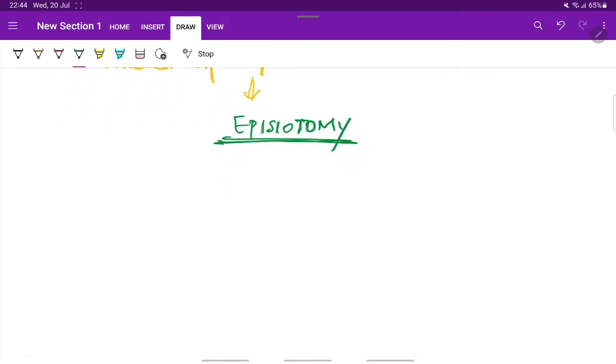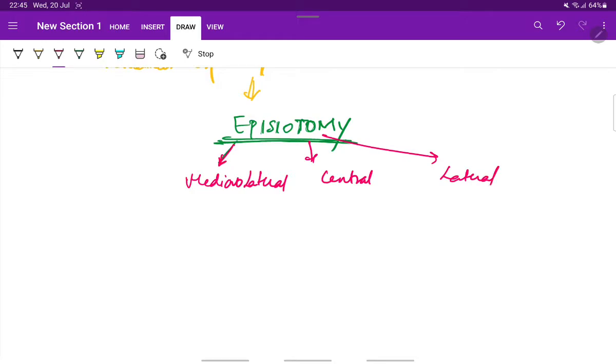The episiotomy can be of three types: medial, mediolateral, or lateral. These are the three types of episiotomy.